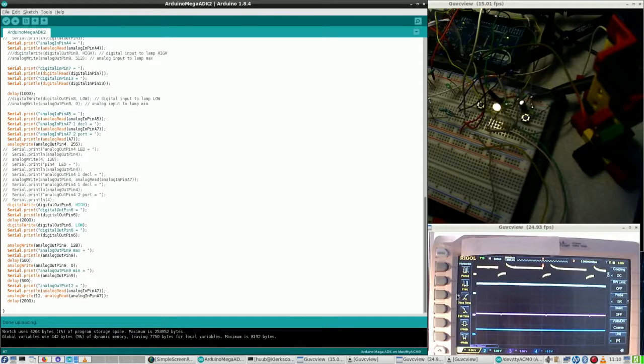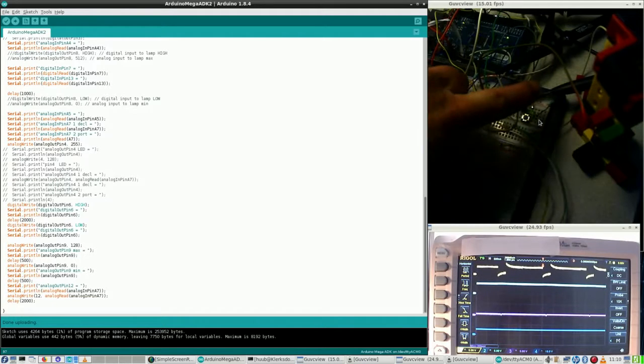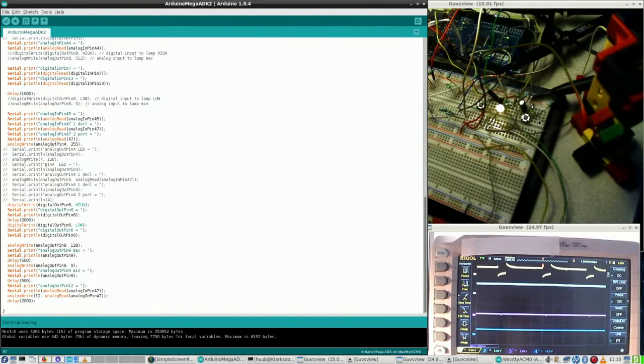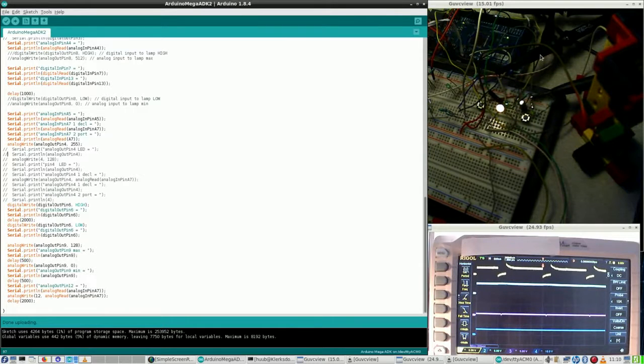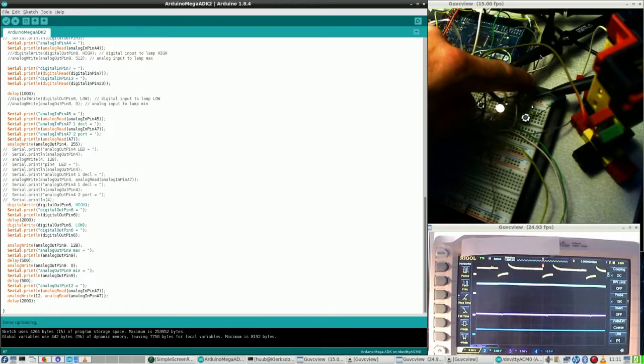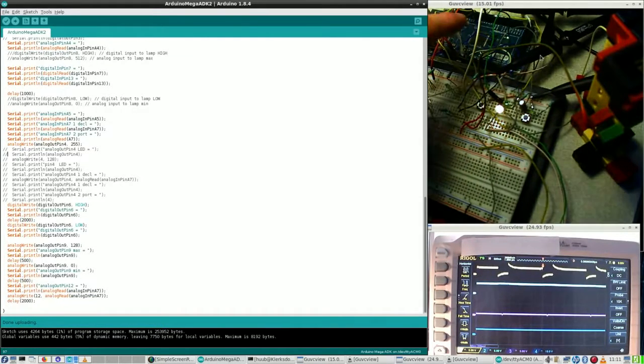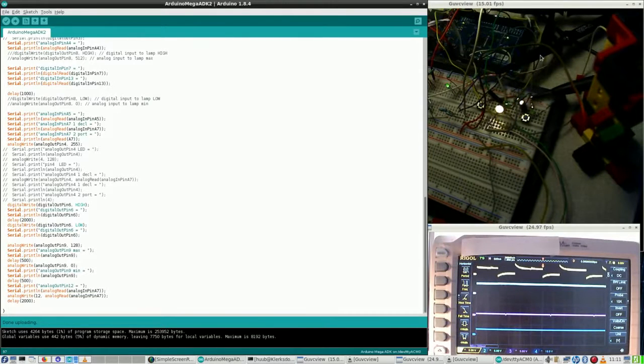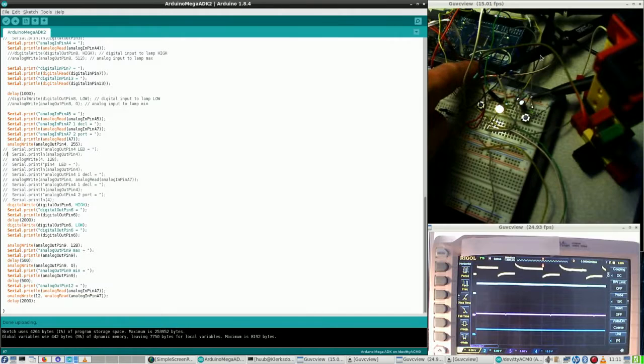Then looking at the purple one, which is this one, coming from, or going to actually. So this wire is going to the input here, yes.